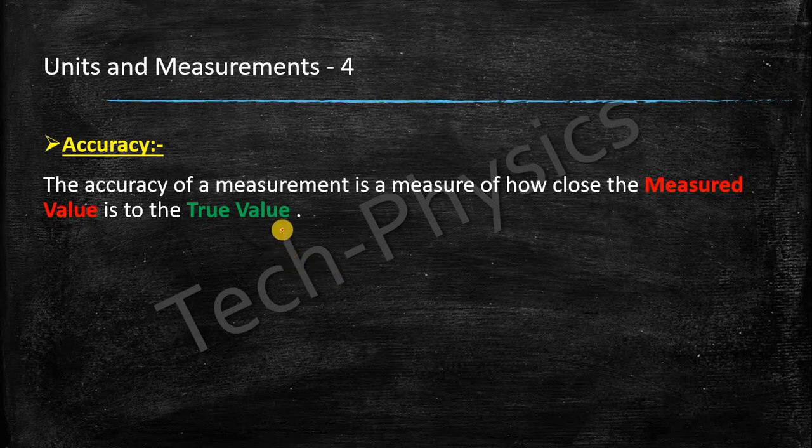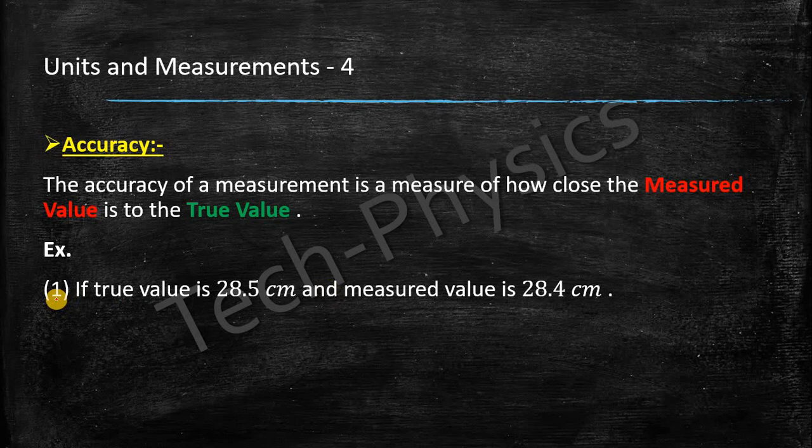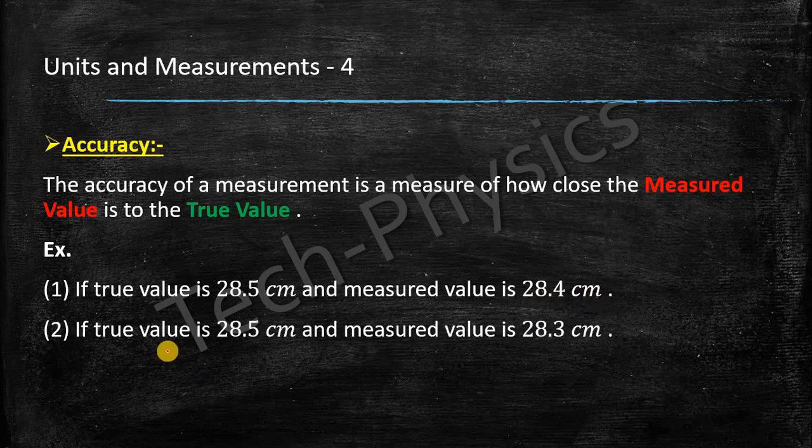So let us see accuracy. The accuracy of a measurement is a measure of how close the measured value is to the true value. So to know about accuracy, let us see an example. In first case, we have a true value as 28.5 centimeter and measured value as 28.4 centimeter. And in second case, I have a true value as 28.5 centimeter and measured value as 28.3 centimeter.